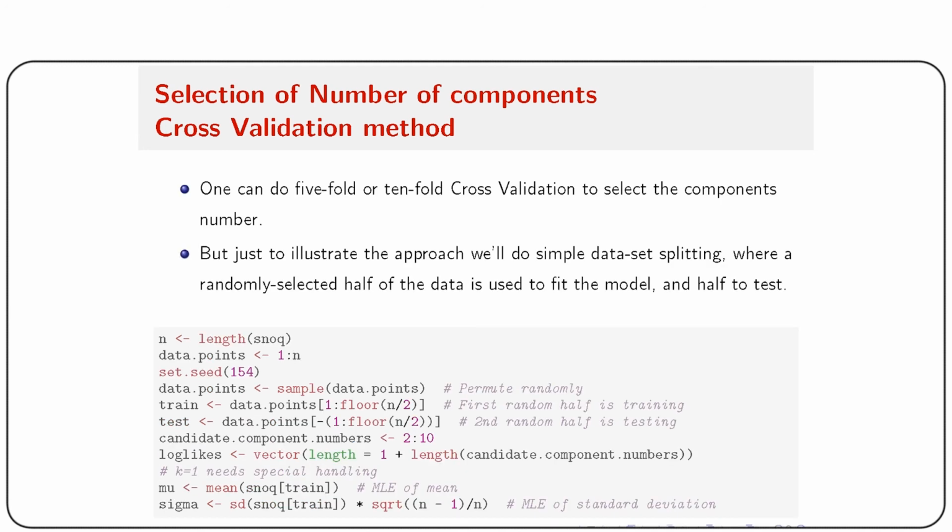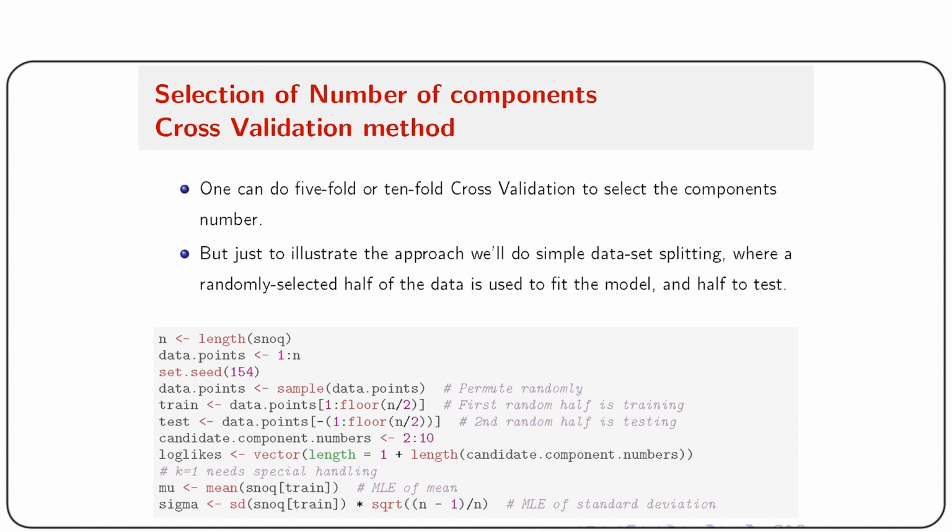Now one can do 5-fold or 10-fold cross validation to select the number of components, but as an illustration we will do a simple data splitting, where a randomly selected half of the data is used to fit the model and the other half to test it. Now the data has been split, and this is the code you can see.